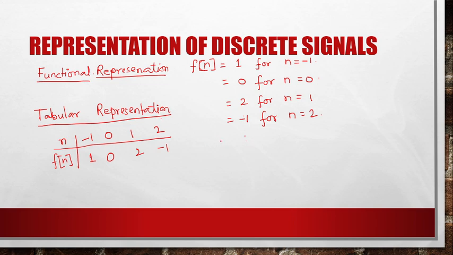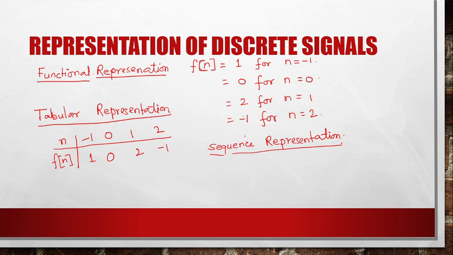If it is represented in this way, it is known as tabular representation. And the last one is very interesting, and we will use this mostly. That is called sequence representation. It is very easy to use. So now I am showing you the sequence representation.